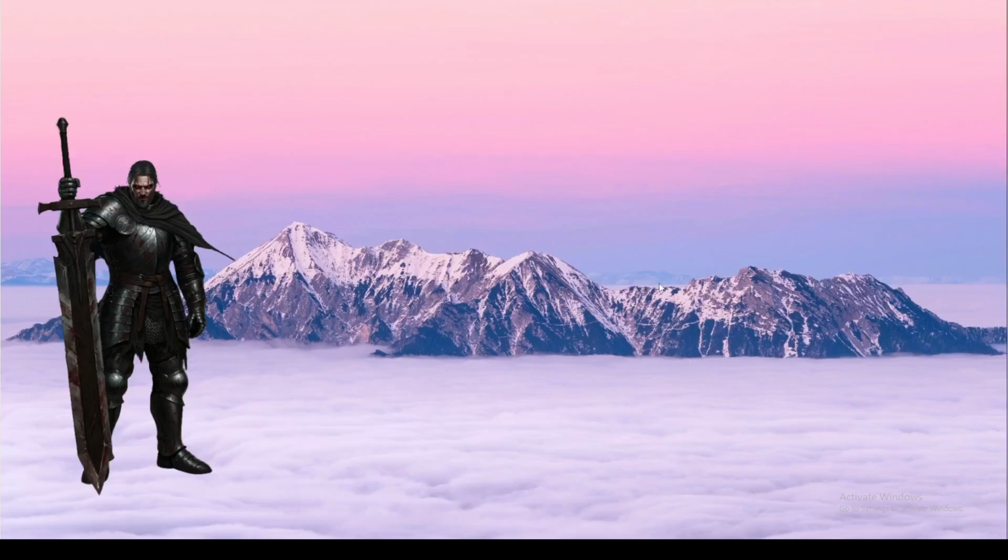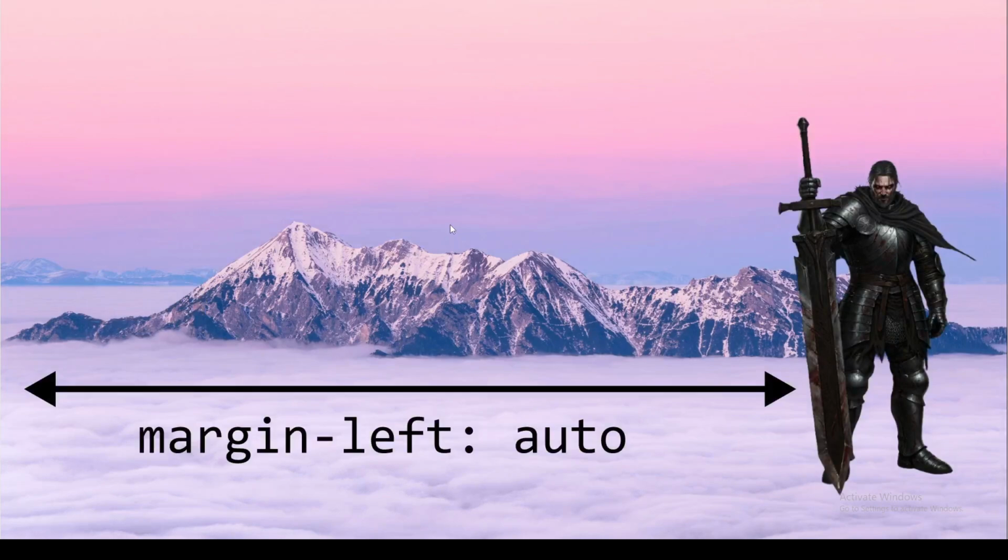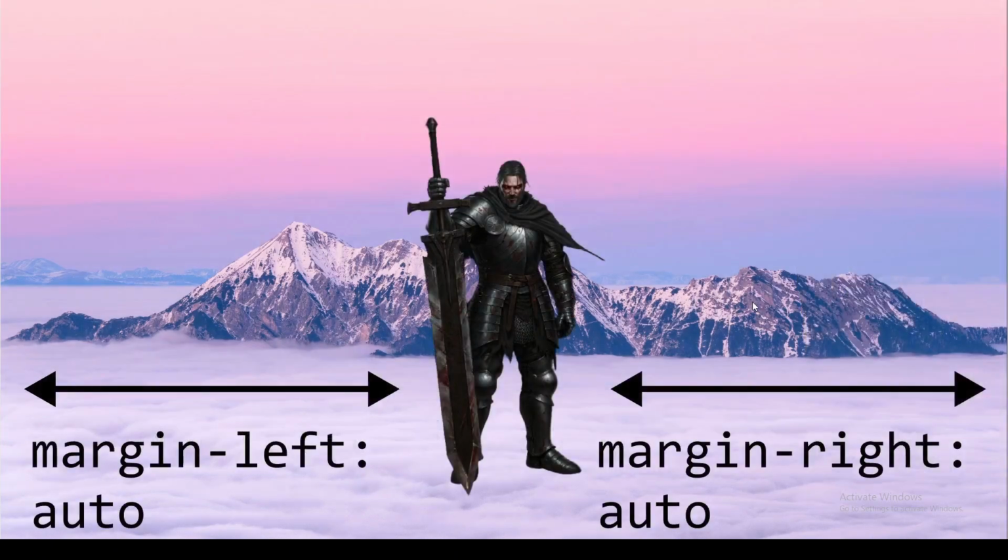Let's see how centering works step by step. Here's our character, starting at the left. When we add margin left auto, the browser calculates all available space and pushes him to the right.